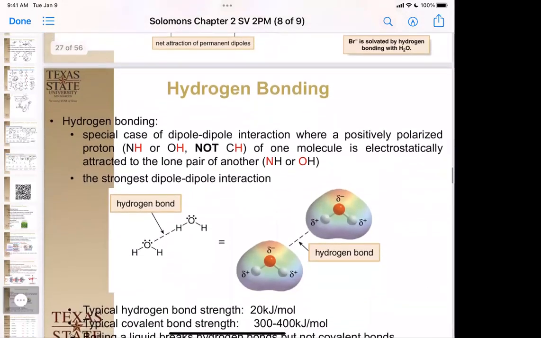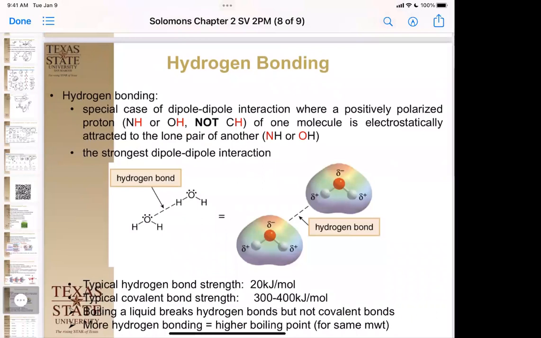Now let's talk about hydrogen bonding. Okay, if you have a polar bond between hydrogen and an atom, you can have hydrogen bonding. But we're only going to say that we have hydrogen bonding between nitrogen and hydrogen, oxygen and hydrogen, and fluorine and hydrogen. It's rare, but it happens.